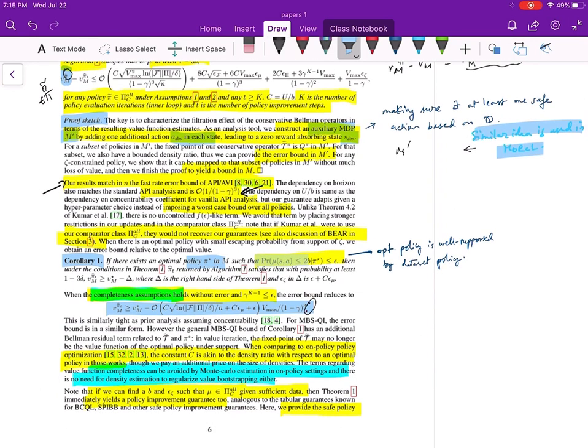Thus you have to make this assumption, so that this would imply your pi star belongs to pi. So yeah, this is one of the assumptions which you should make.